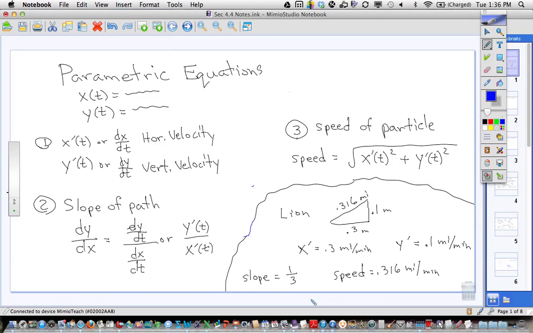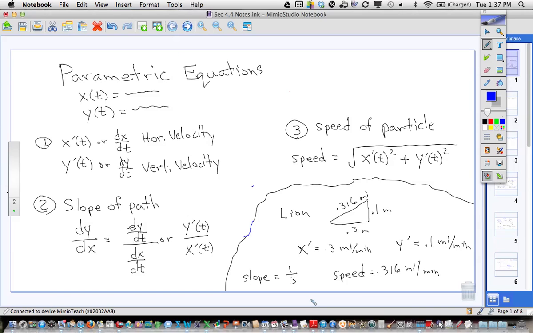So we took its horizontal velocity, 0.3 squared, plus its vertical velocity, 0.1 squared, and did the square root of that, and that's where we got its actual speed on the path. So x prime squared plus y prime squared, and then the square root of that is the speed of the object. Because if we want to know how far it travels on its path, we're going to need to know how fast it's going. Kind of a distance equals rate times time.